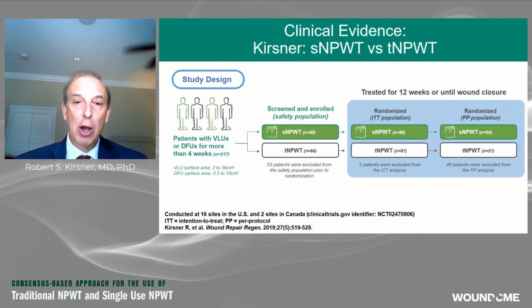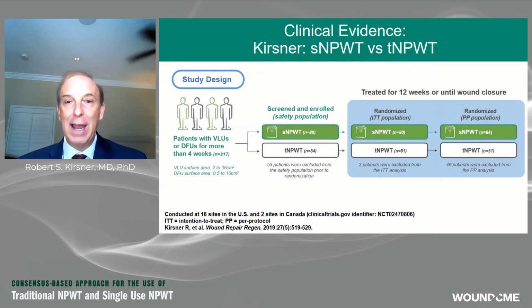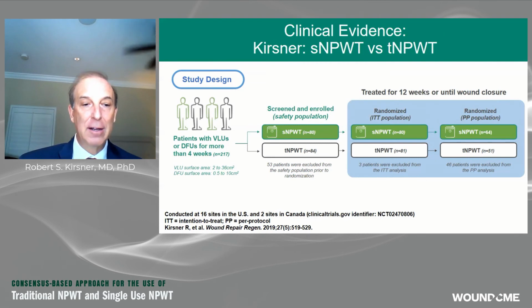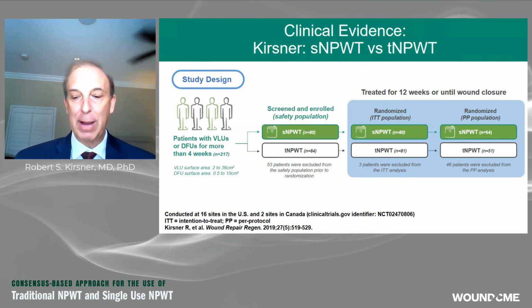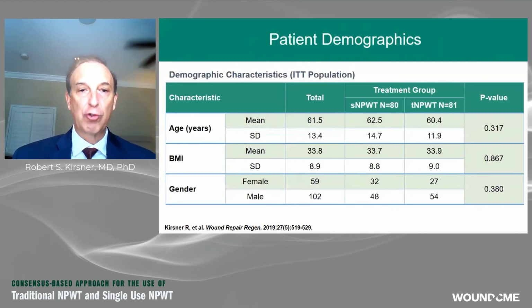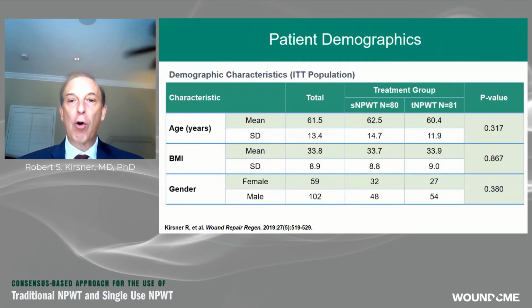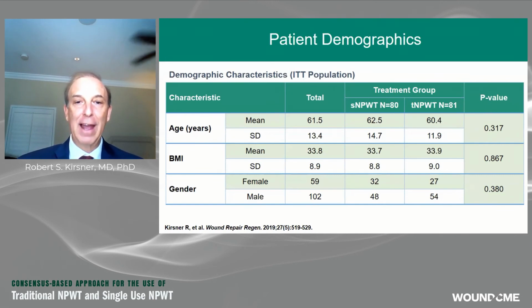On the other hand, when you look at superiority, you look at intent to treat population. And these are two conservative ways to look at this data. There were 16 sites in the US and 2 sites in Canada that participated in this randomized controlled trial. And overall, there was a similarity between the 2 groups in terms of age distribution.